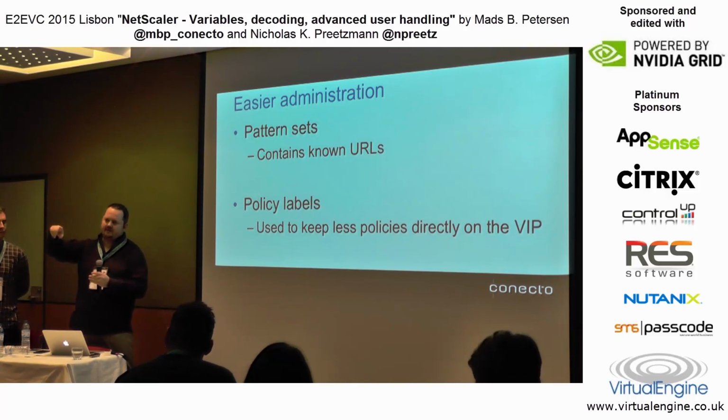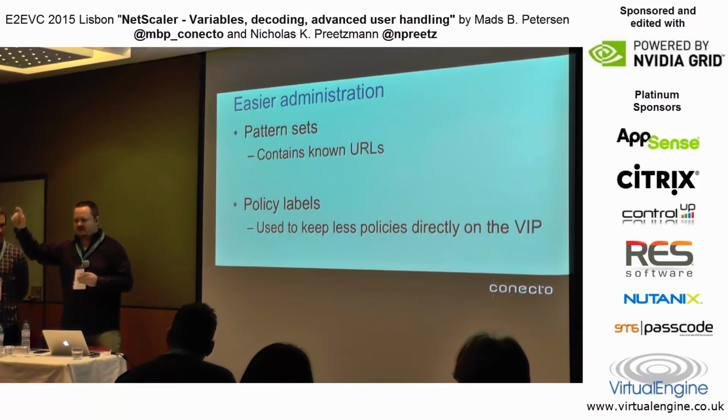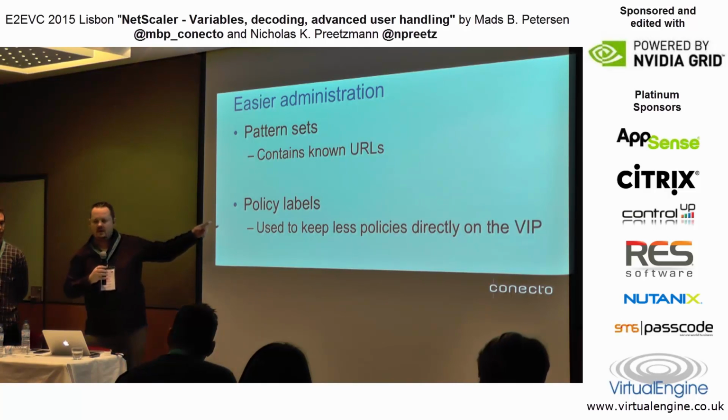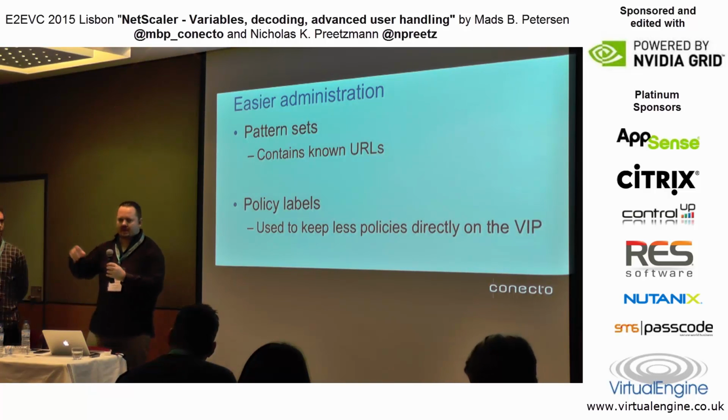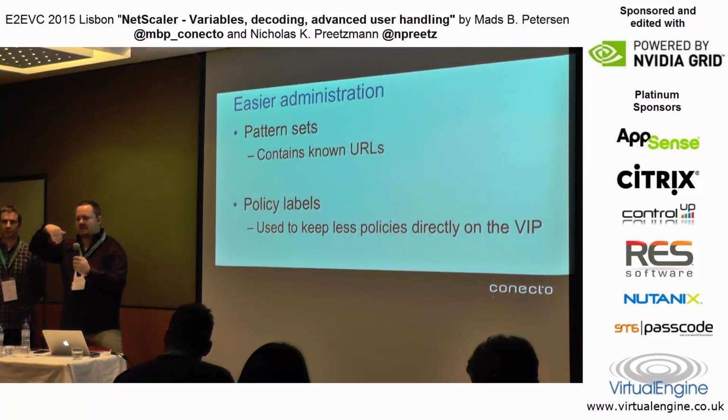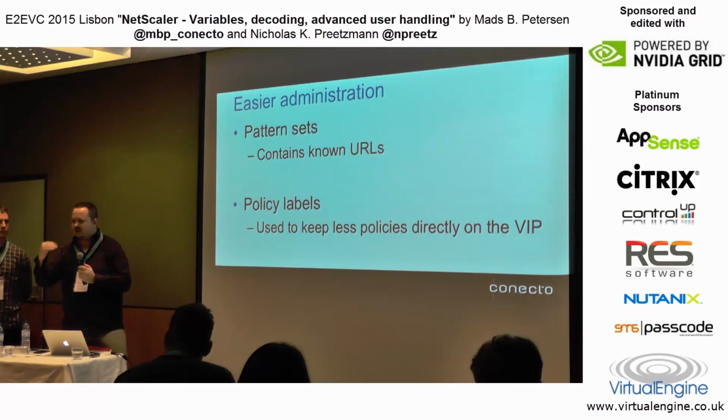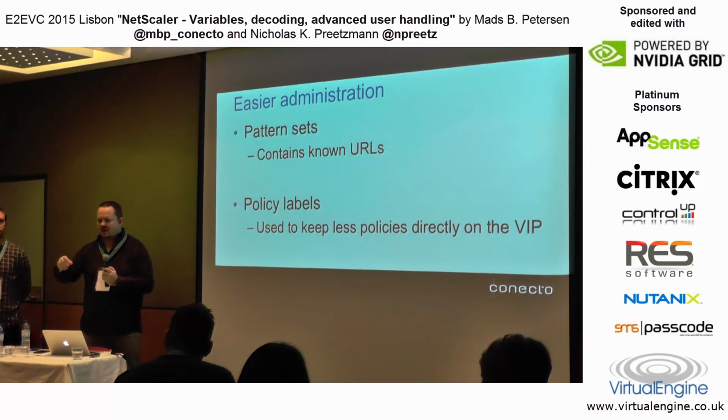Like if the client IP is something, then we have a true, then it will invoke the policy label. Under this policy label, we will have the policies themselves. So the client IP was this, but did he also come from an iPad or something? Then you can use expressions on those policies, and they will still match it.